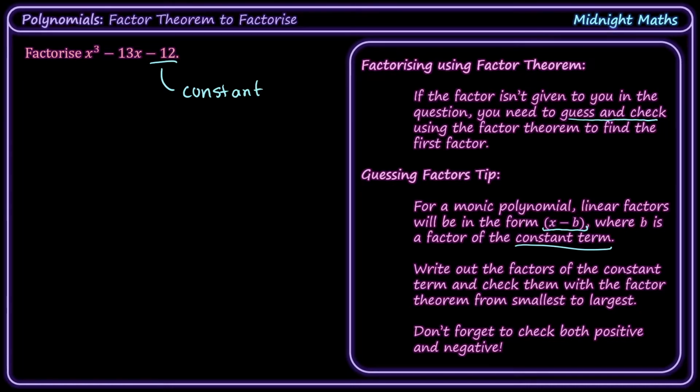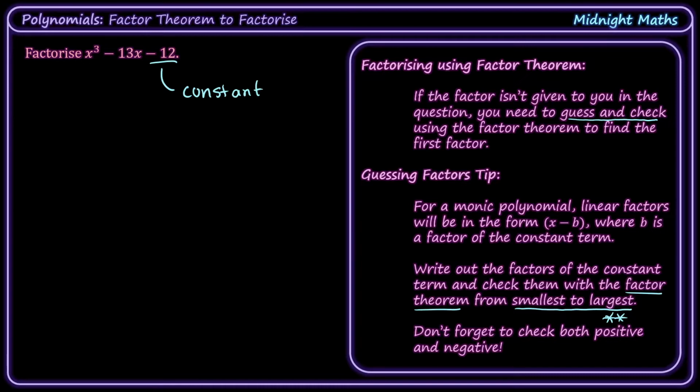Hopefully that's a bit of intuition, and that's what we're going to use as our guide to figuring out what to guess. So we're not guessing randomly, we're guessing with a bit of a strategy. So what you're going to do is write out the factors of the constant, and then check them with the factor theorem from smallest to largest. The reason I say from smallest to largest is because the factor theorem involves substituting in values and evaluating them.